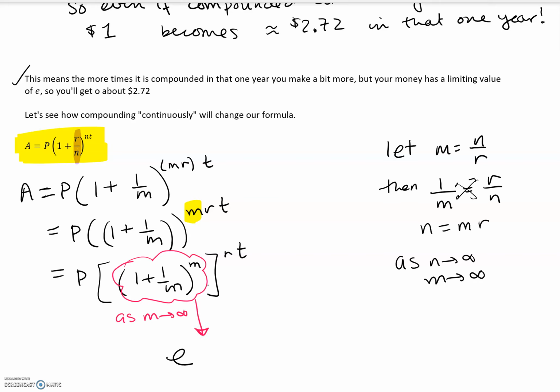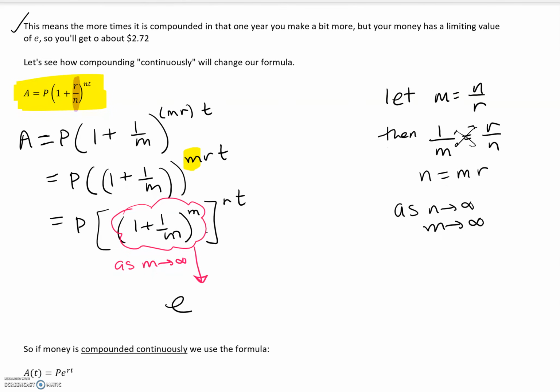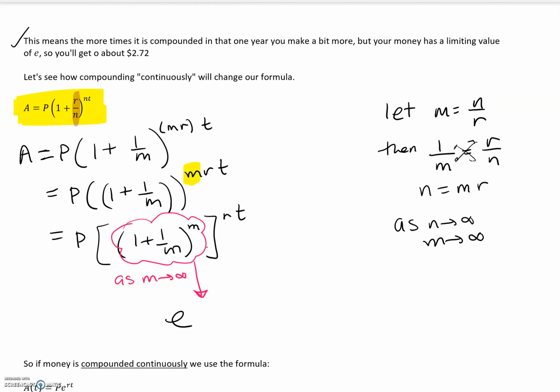That's what we showed at the beginning of the lesson in the previous video, that as that variable in the expression gets larger and larger, we're going to end up with e for that expression. So I have e to the rt as my exponent waiting outside, p is waiting outside as well, and I have A equals p e to the rt as my new formula for compounding continuously.